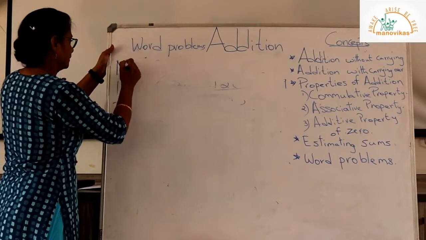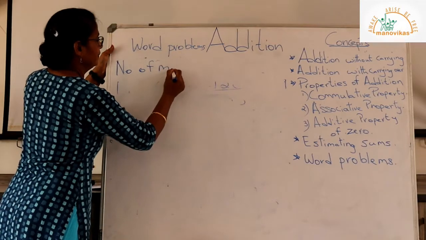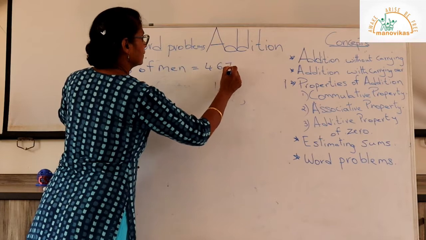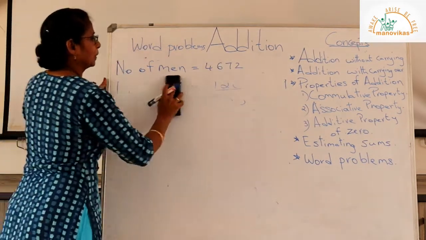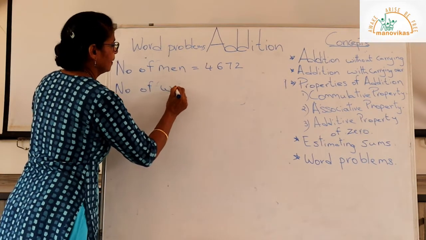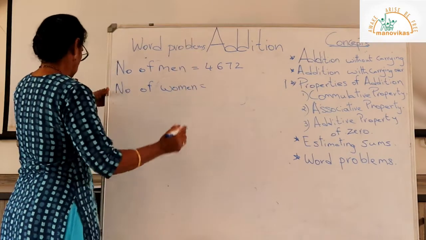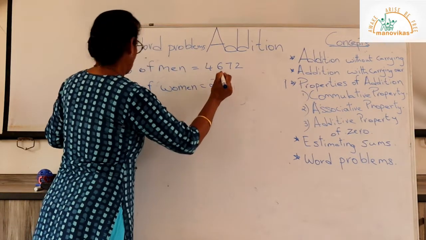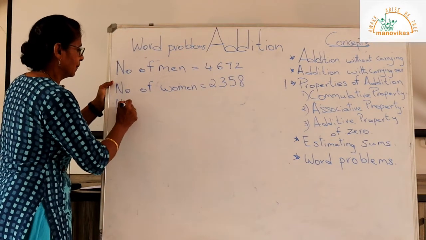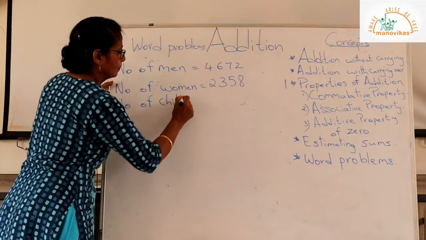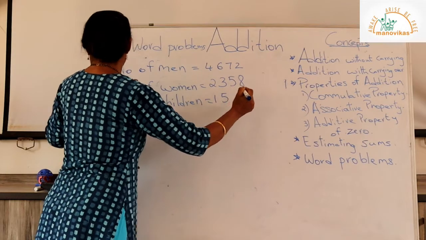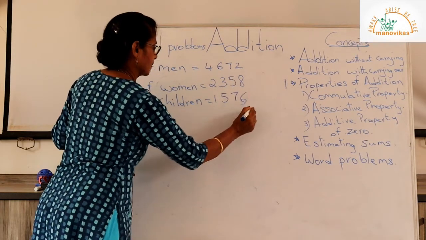So we'll say number of men is equal to 4,672. Number of women is equal to 2,358. Number of children is equal to 1,576.